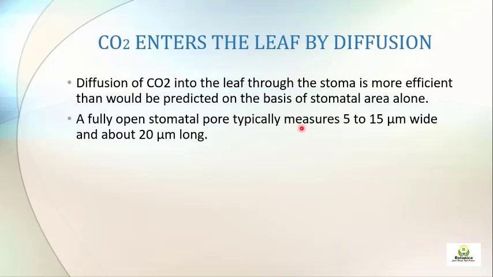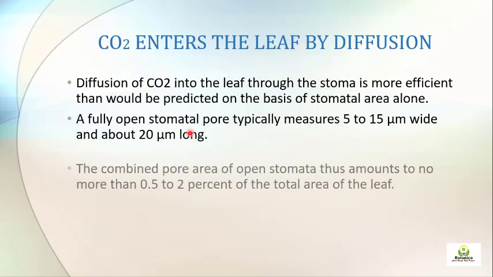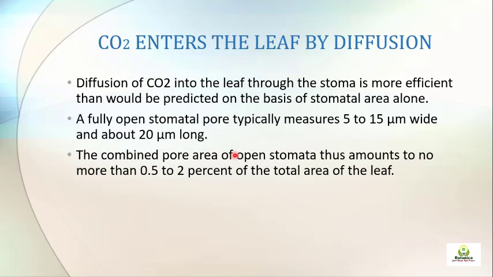A fully open stomatal pore typically measures about 5 to 15 micrometers wide and about 20 micrometers long. These are the dimensions of the stomatal pore when it is open. When we combine the area of all the stomatal pores present on the entire leaf surface, they amount to not more than 0.5 to 2% of the total leaf area.